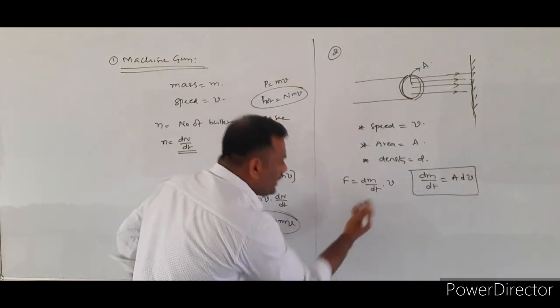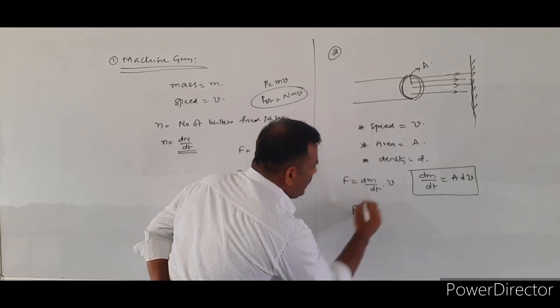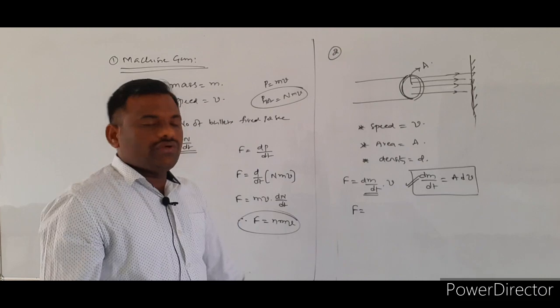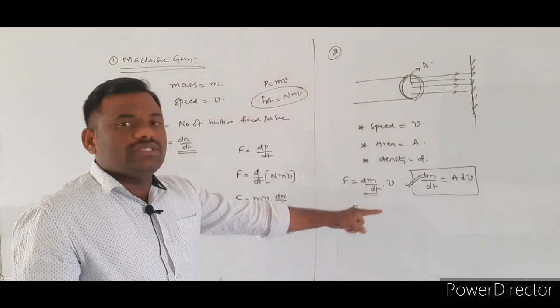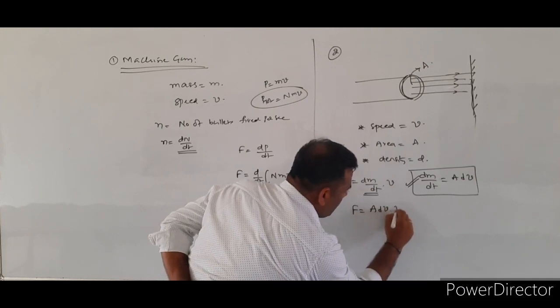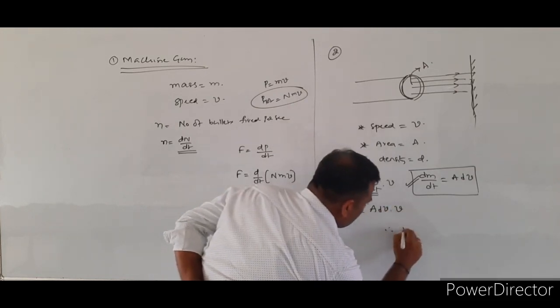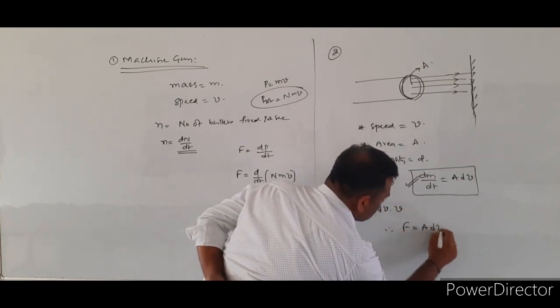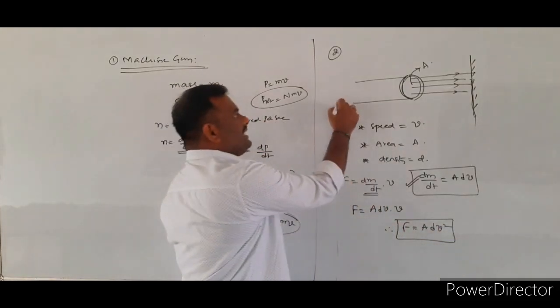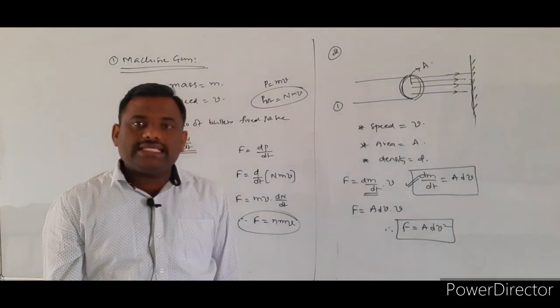So according to this formula, I will write F is equal to dm by dt into v. From the equation of continuity, dm by dt value is equal to adv. Again v will be there. Therefore the required expression for the force is adv square. This is case 1.